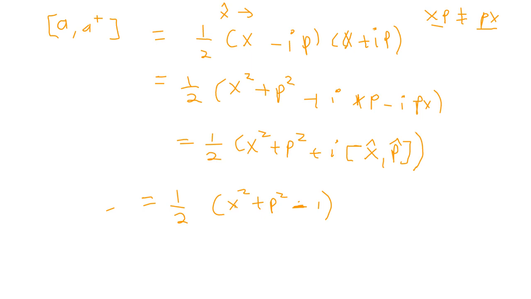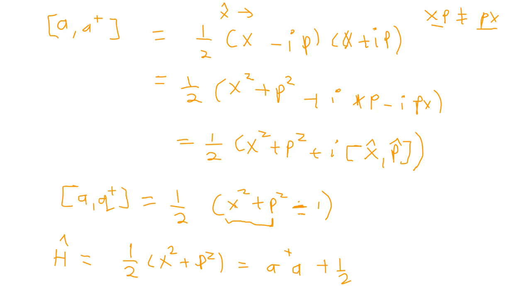This is our Hamiltonian. It's just that I've rescaled, absorbing factors of h bar omega into these variables. So this means that the Hamiltonian is given by half x squared plus p squared, which you can solve, writing it in terms of a dagger a plus a half, meaning that you're just taking this minus 1 to the other side.